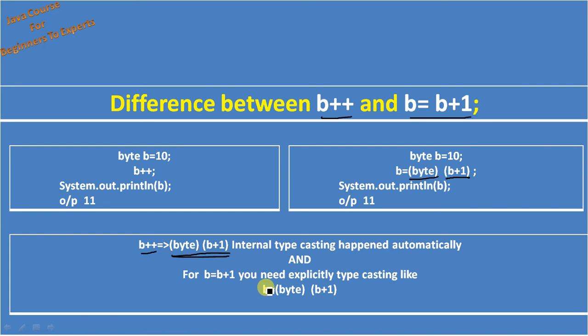We will learn in upcoming video lectures, but here you should know only that we are converting the int data type. The result of b + 1 will be int. That's why we need to convert this int to byte, so that b can hold the byte type result.